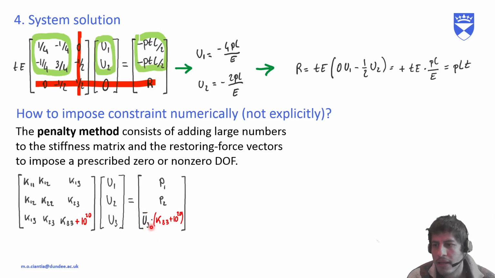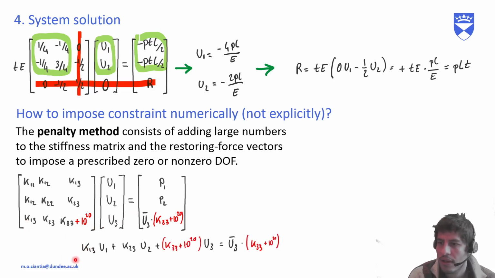Now u3 bar is the known, what we already know that we're going to impose, and we just leave u3 as an unknown. Okay, so if you look at this last equation that I've just spelled out, this is what you see.